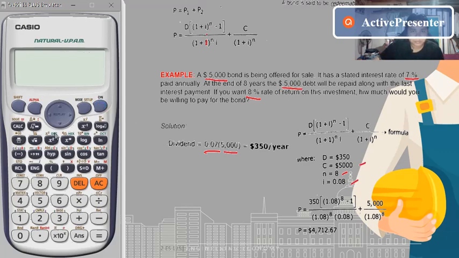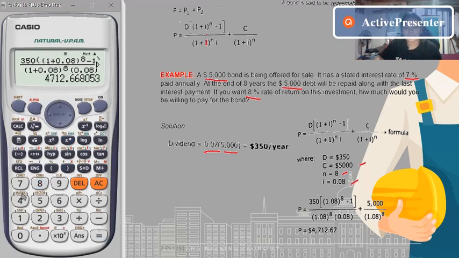So, solve. We have 350 multiplied by (1 plus 0.08 interest raised to the number of years, which is 8 years, minus 1), divided by (1 plus 0.08 raised to 8 multiplied by our interest 0.08), plus our C, the redemption value, which is 5,000, divided by 1 plus I raised to N, which is 8 years.